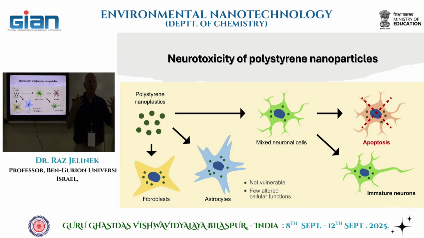That's very important for children to be smart. So scientists found that when these nanoplastics go into neurons, the neurons do not mature, do not develop well, affecting cognition of children.